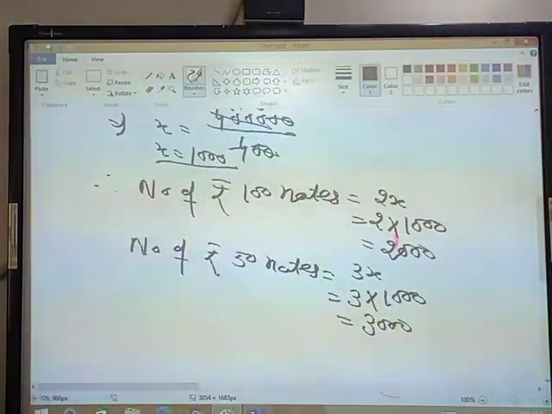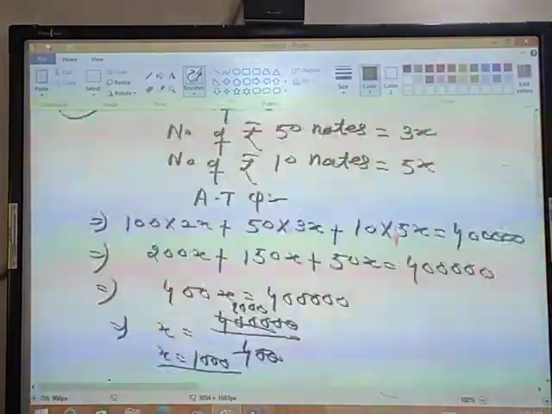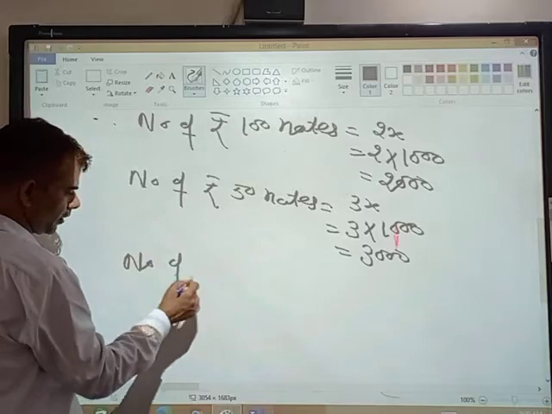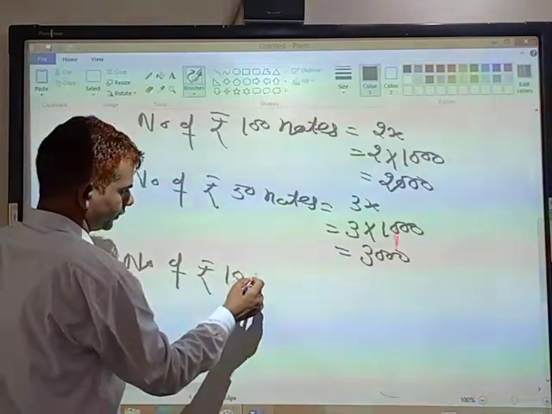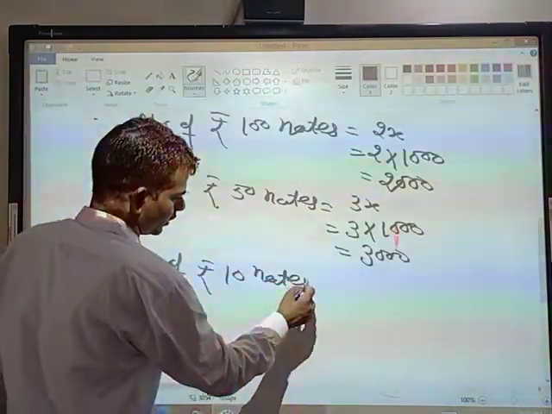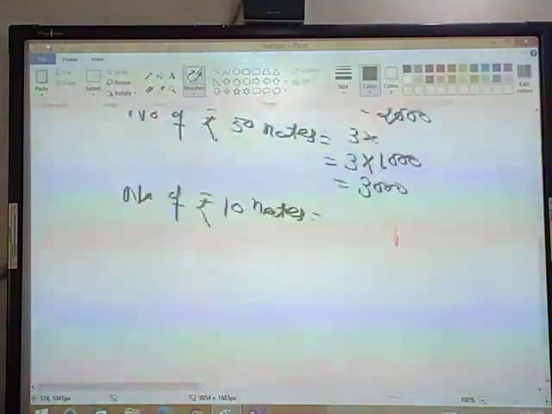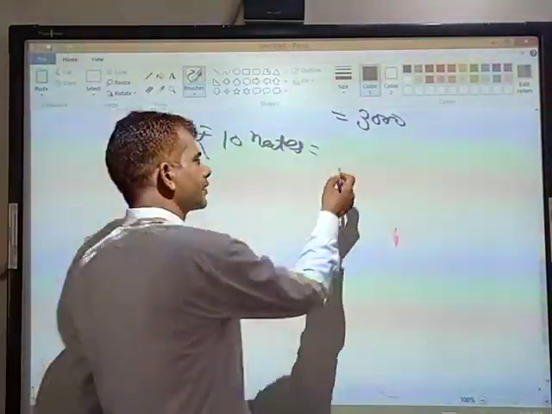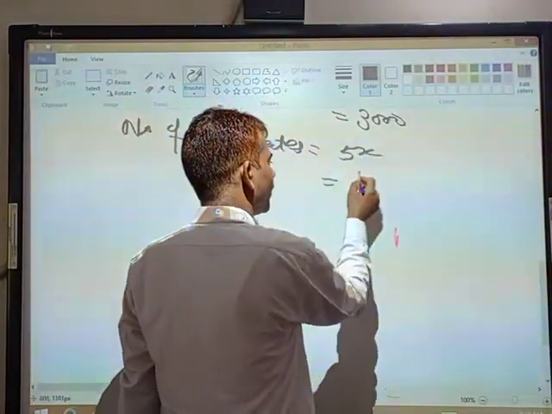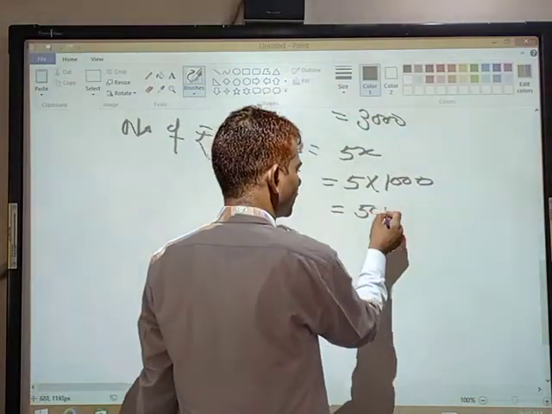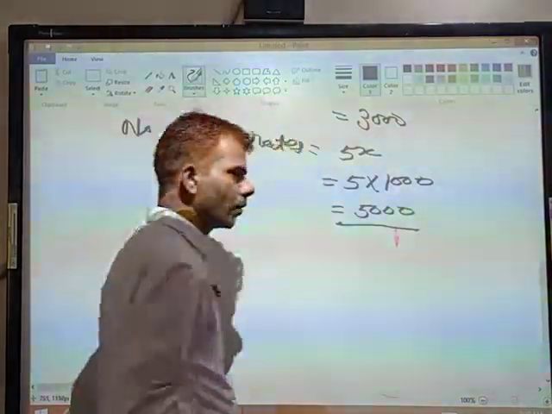And the number of 10 rupees notes, so 5000. That is your 5x, 5 into 1000, 5000. Any doubt? Any problem?